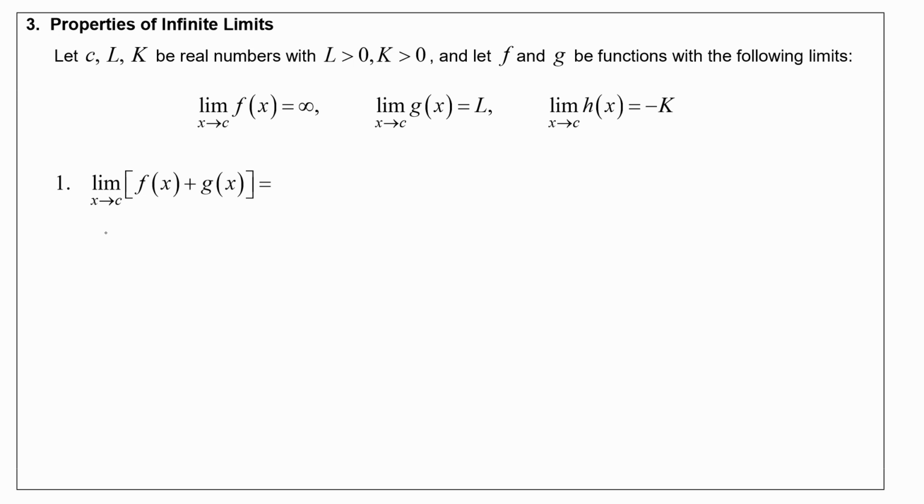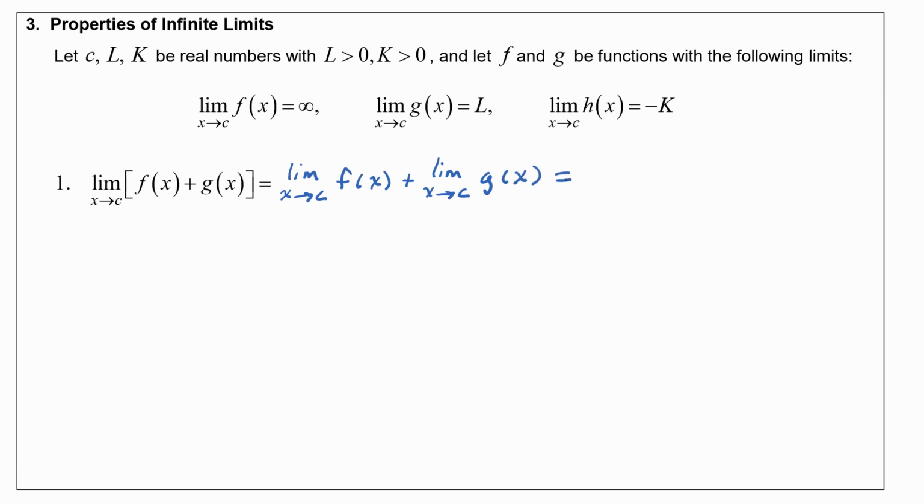First, we look at the limit as x approaches C of the sum f of x plus g of x. And we can write that as the limit as x approaches C of f of x plus the limit as x approaches C of g of x.